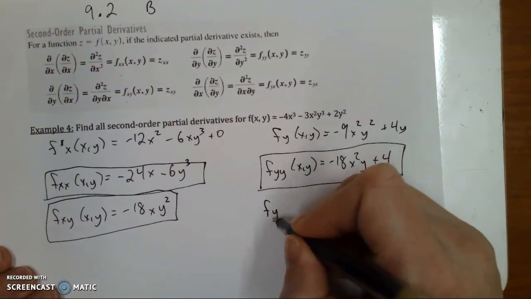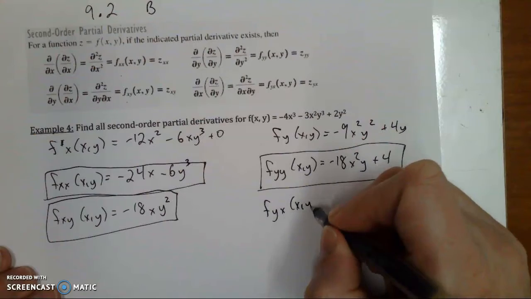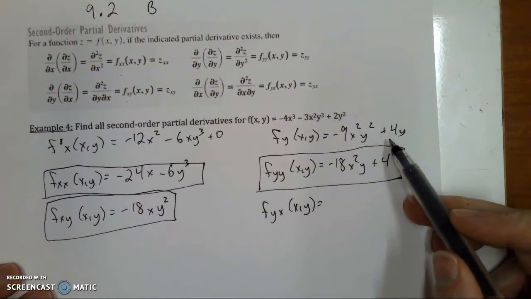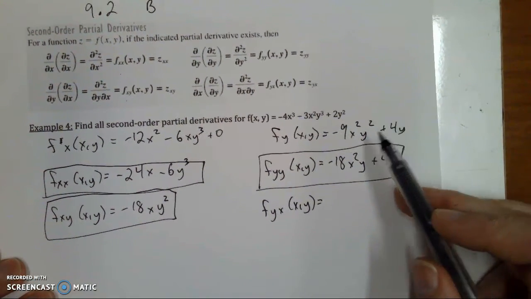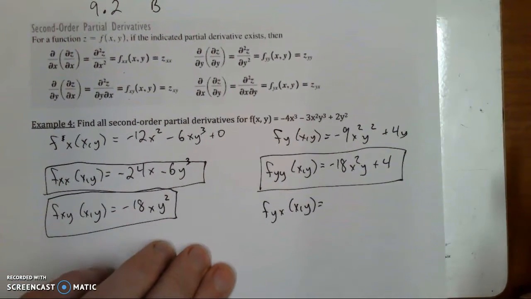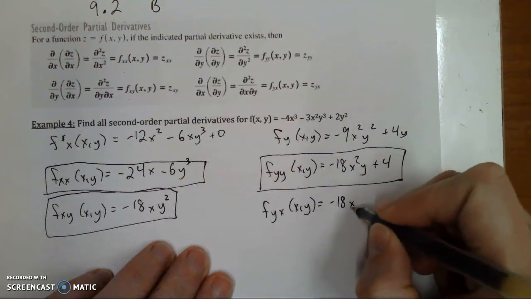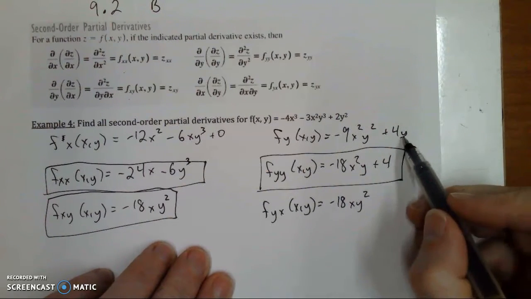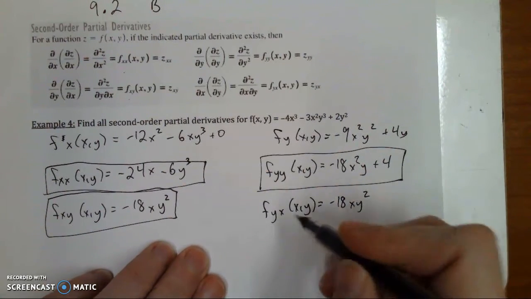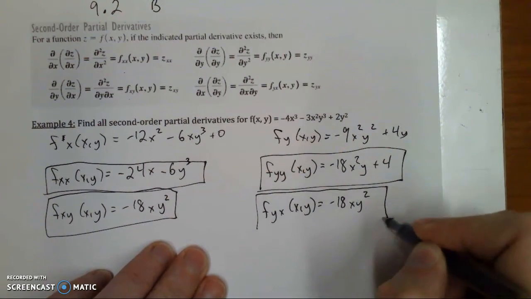All right, now let's try fyx. So again, I started by taking the derivative of y, so we're using this to start, but now my variable is x. So let's see, that first one, I'll get negative 18xy squared, and that second term is going to disappear.